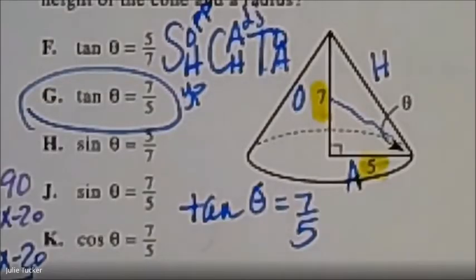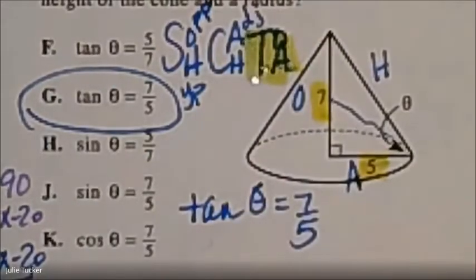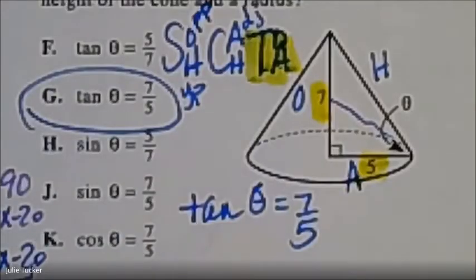Since the O and the A had the labels, that was why we picked tangent, because it's the only one that uses O and A. Okay, good. I'm going to go ahead and press stop.